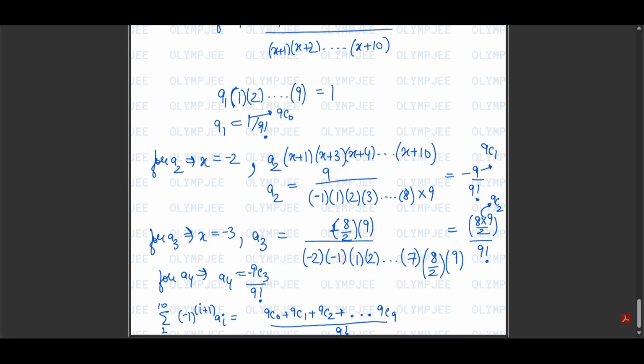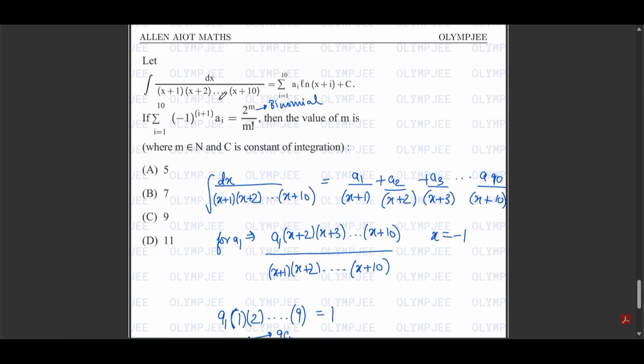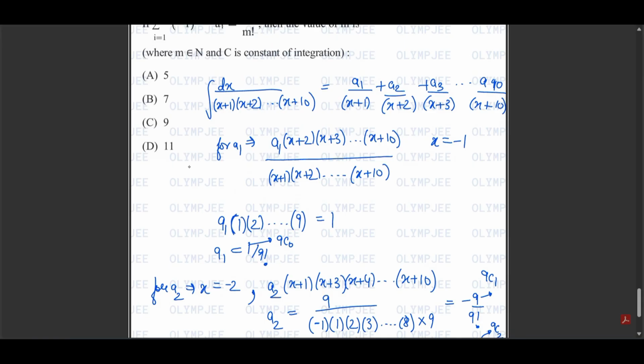And we know that this numerator is equal to 2 raised to power 9, right? We know by the formulae we learnt in binomial coefficients. So this will be 2 raised to power 9 by 9 factorial. And on solving this, we get 4 by 2835. So this was the answer for this question. And the final answer would be 9.